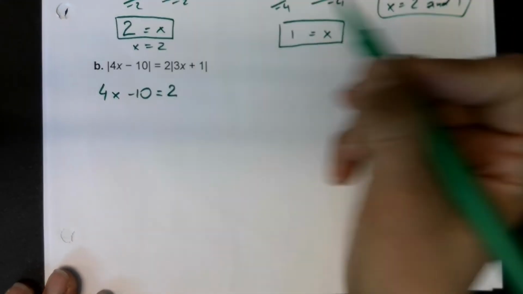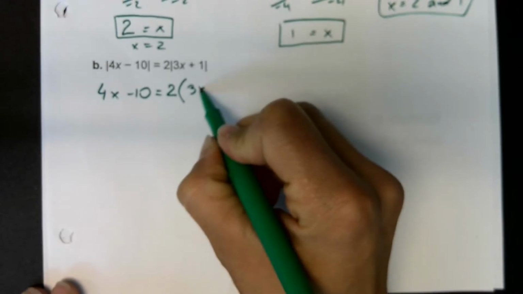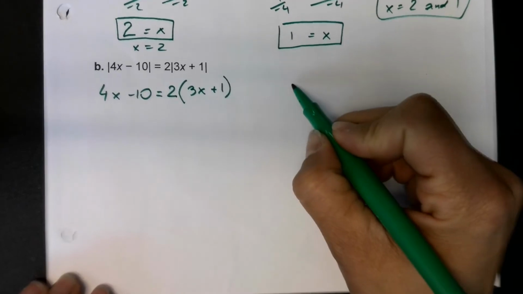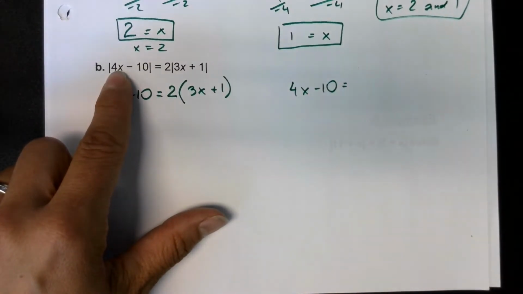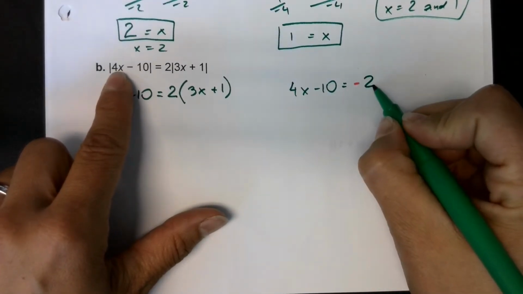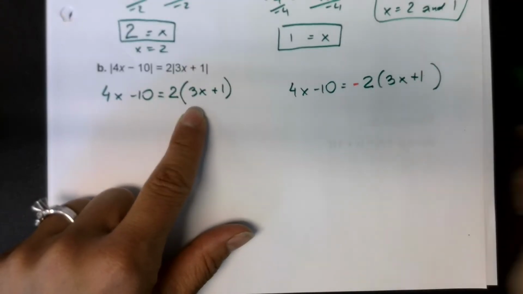To drop the absolute value, you use regular parentheses, so we have 3x plus 1. Now for the second one, you drop the first one, but you add that negative, and you have 2, same thing, in parentheses, 3x plus 1.